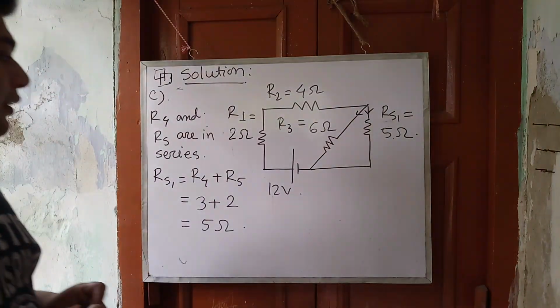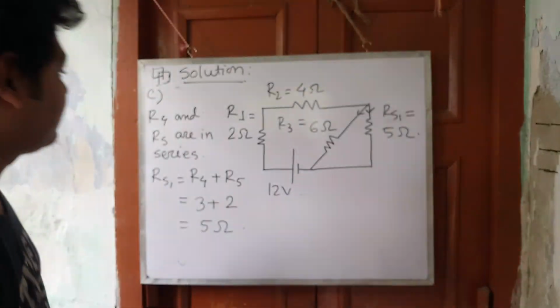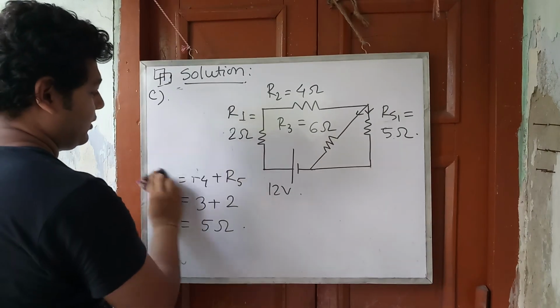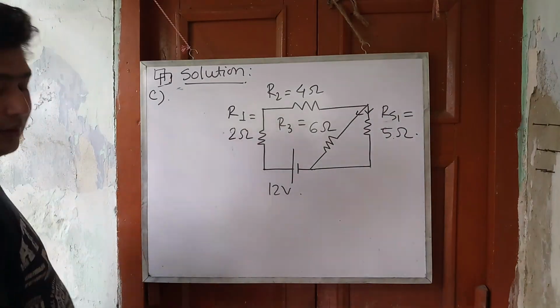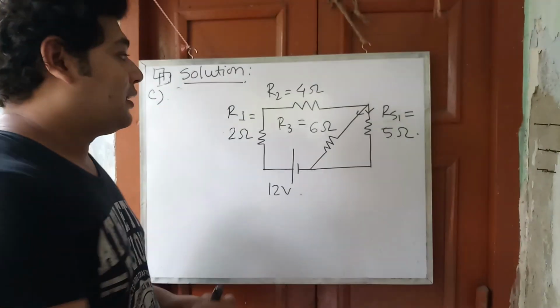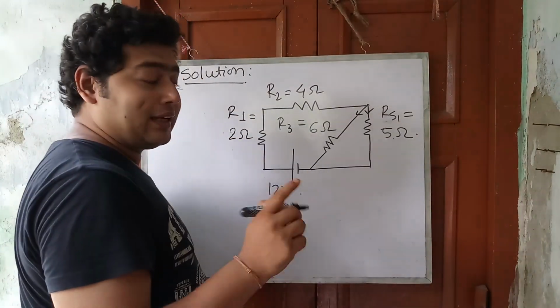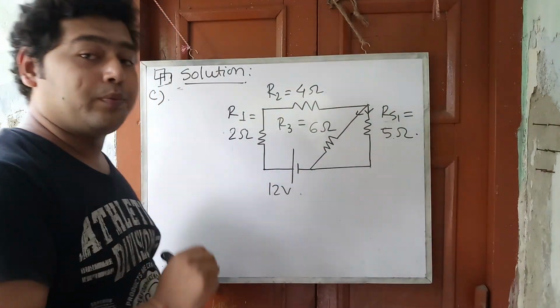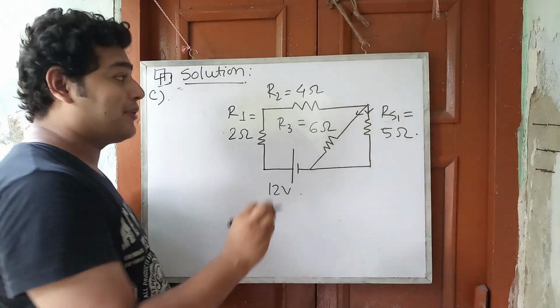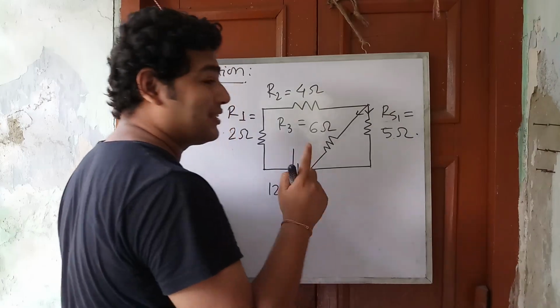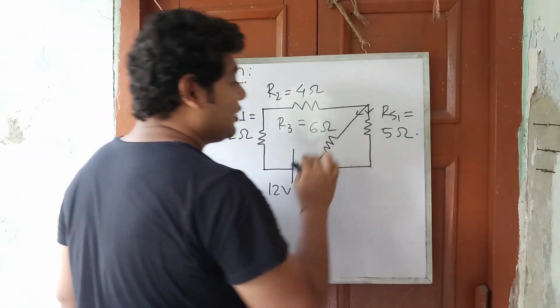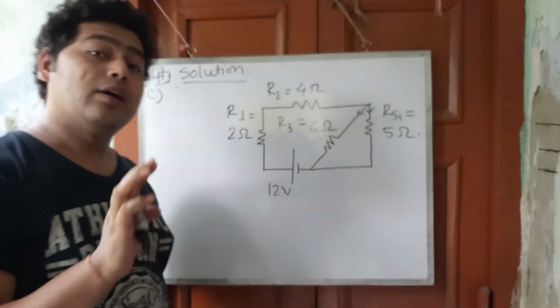Then we see that in this part the current is divided into two parts. So we know that if the current is divided into two parts, then the resistances are in parallel connection.